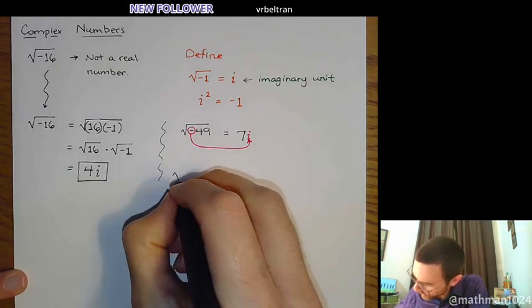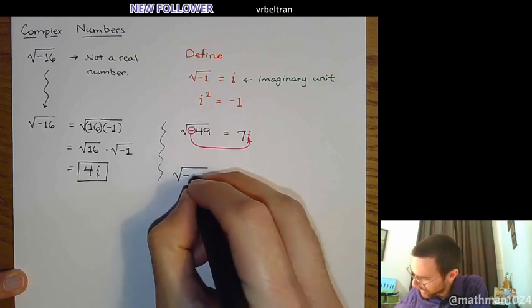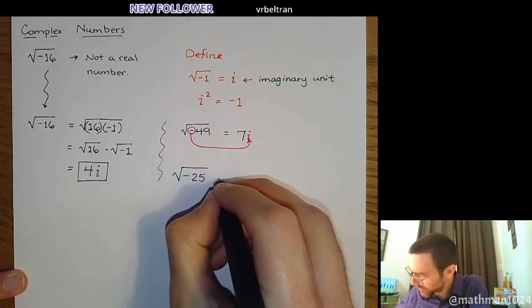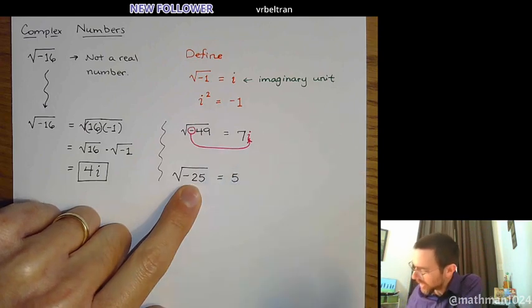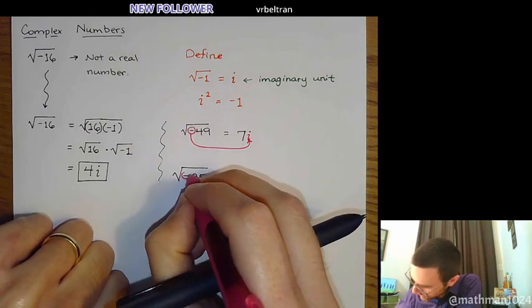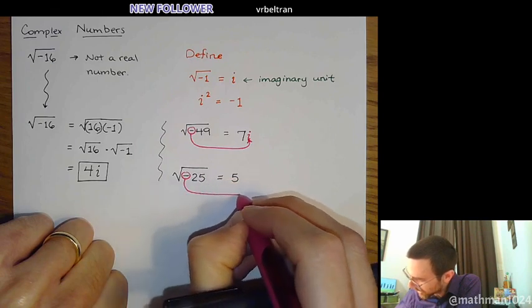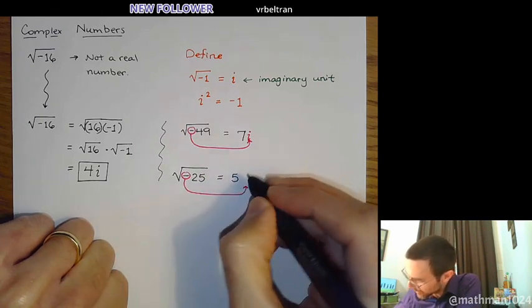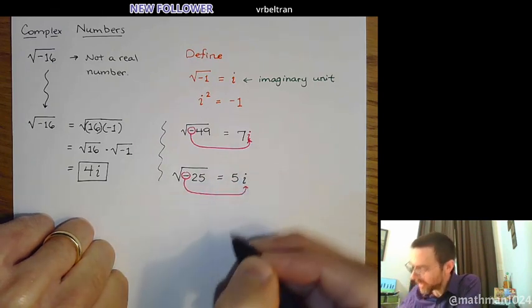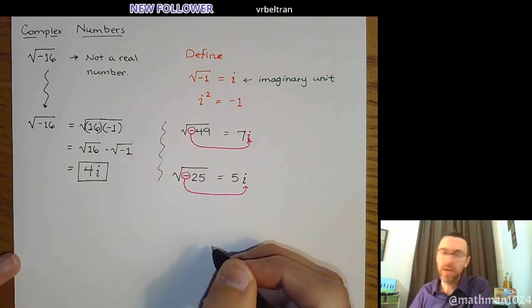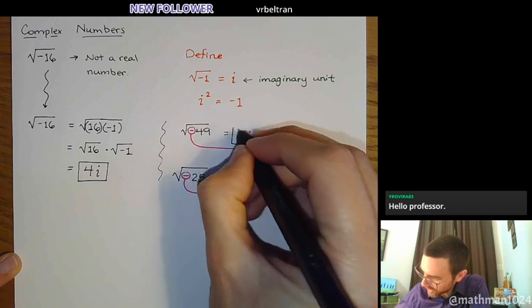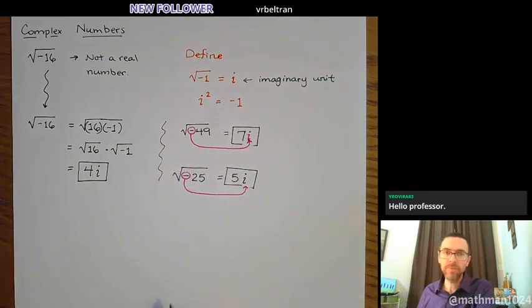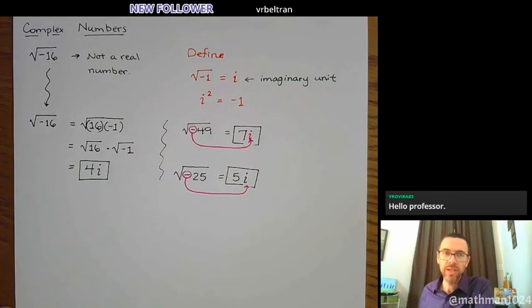If I do the square root of negative 25, the square root of 25 is 5, and the negative inside gives us the factor of I on the outside like that. So 5I. So there's really not a whole lot to that. You just have to pay attention to your signs and everything else.